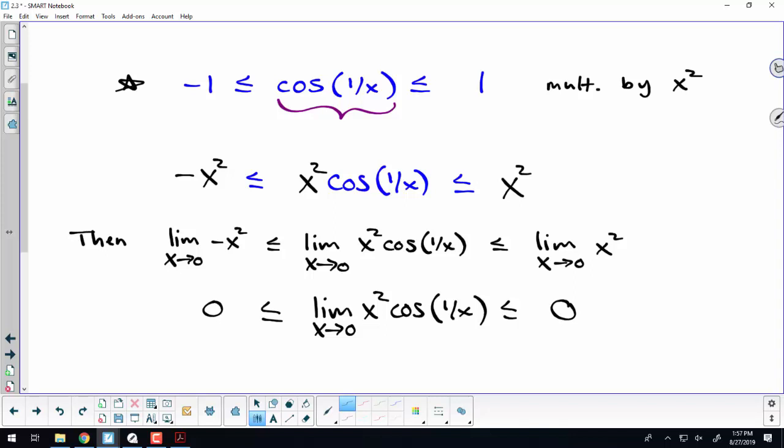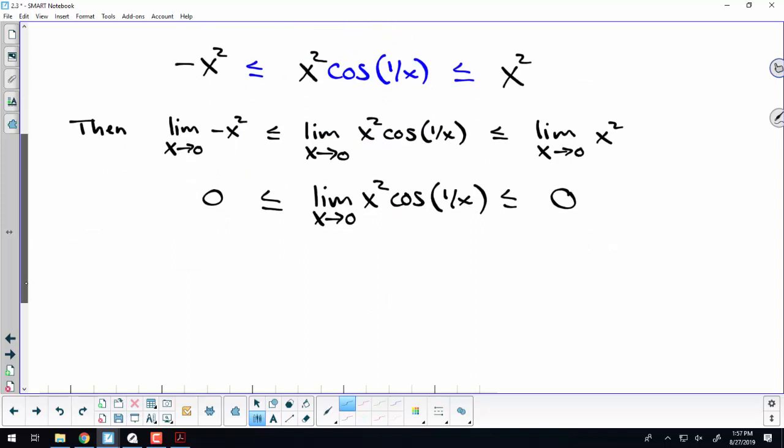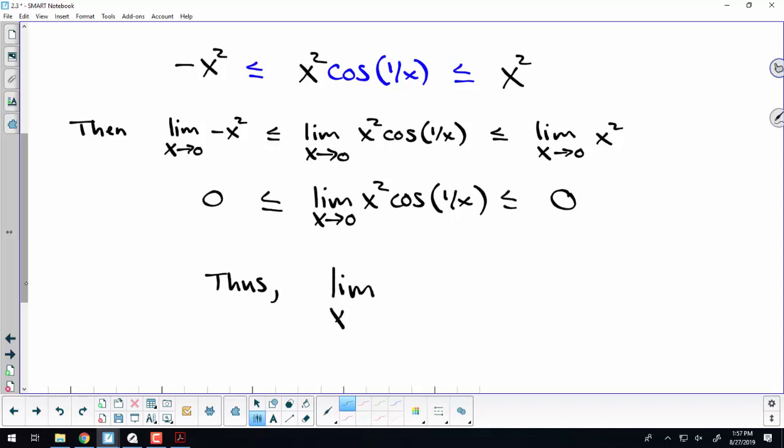So now we have the limit trapped. Not only that, we know exactly what that limit is. So as x approaches 0, x squared cosine 1 over x also approaches 0.